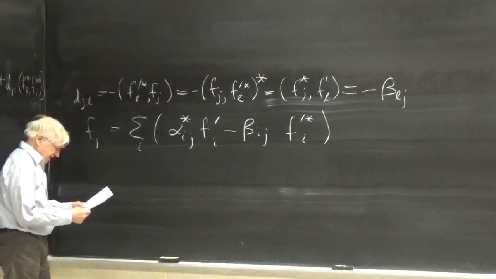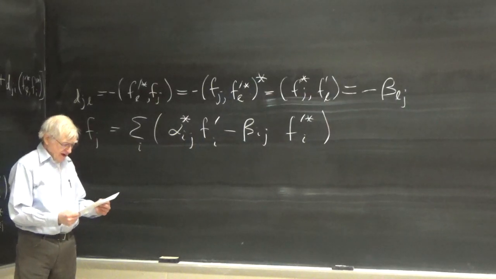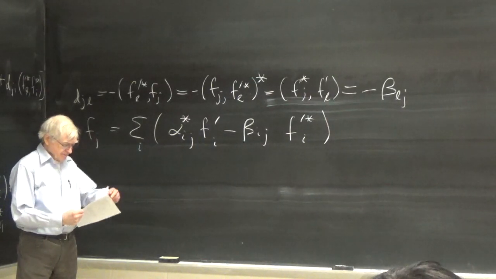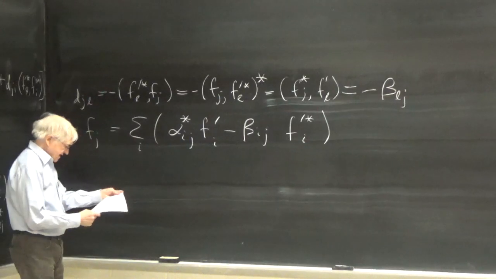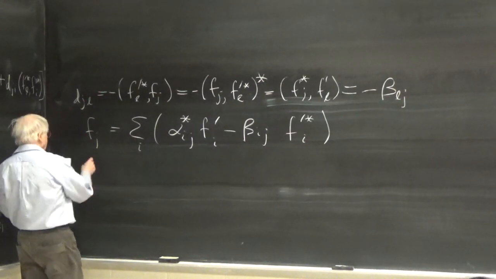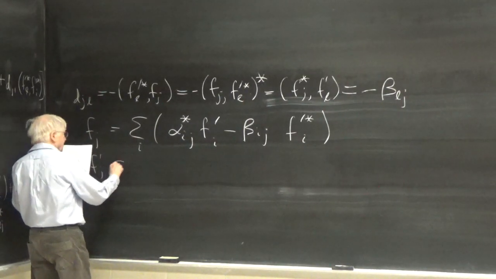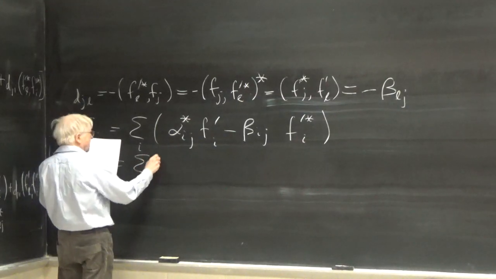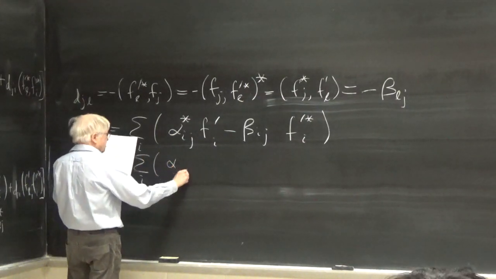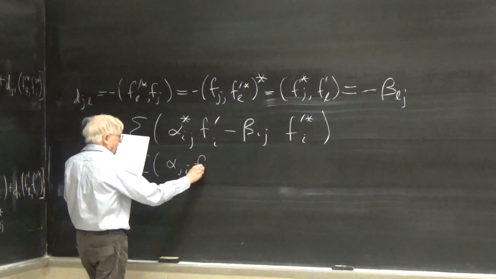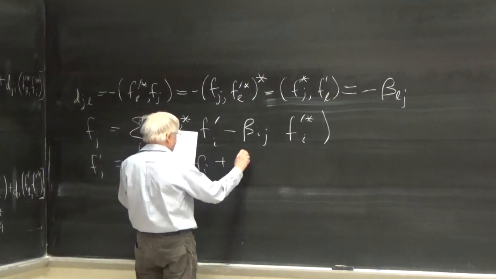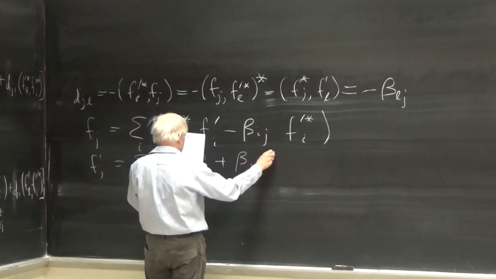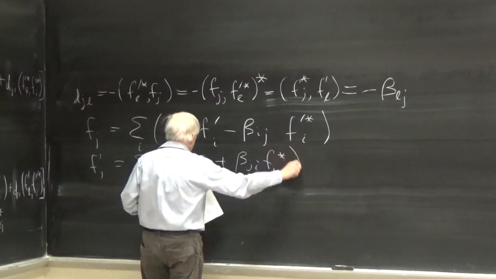So that's the Fj in terms of the F prime, and maybe I should write the original one. F prime J is the sum over I, alpha Ji Fi plus beta Ji Fi star.